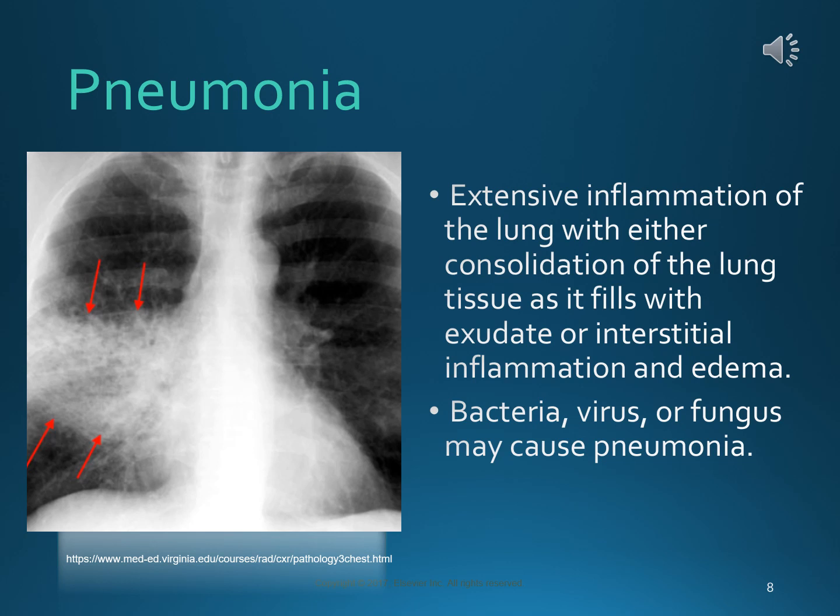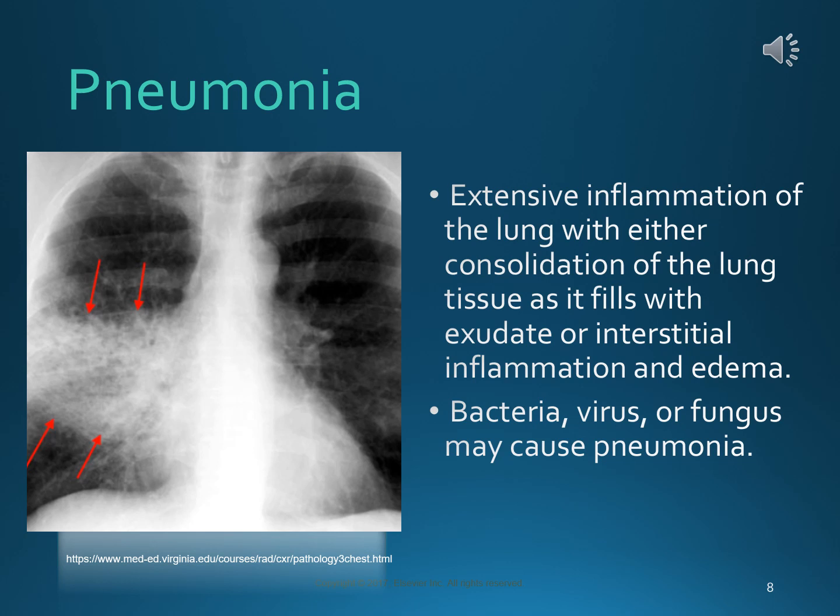So it can be caused by a virus, a bacteria, fungus. Any of those organisms can cause a pneumonia. Viral pneumonia doesn't produce the exudate, and exudate is just another word for pus. Sputum. Viral pneumonia doesn't do that.